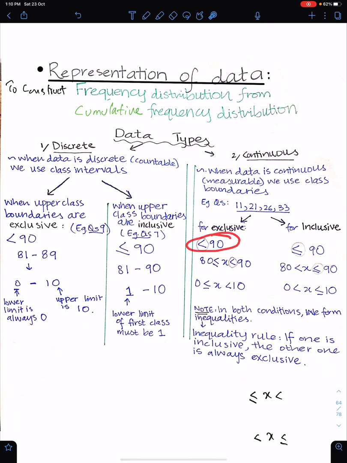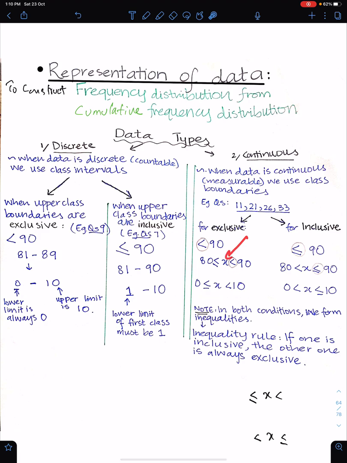See, if the upper class boundary is exclusive, then make class boundaries in this way. This is exclusive and this is inclusive. That's the rule. If one is exclusive, the other will be inclusive. If this is inclusive, this will be exclusive. Since this is exclusive, this is the same as here. I copied this here and made this inclusive because of these rules.